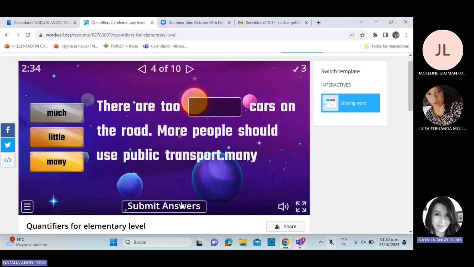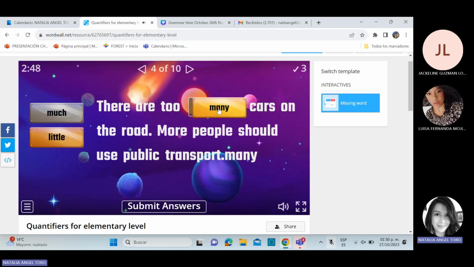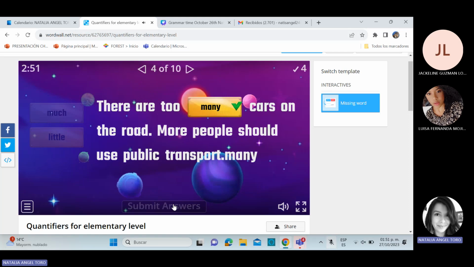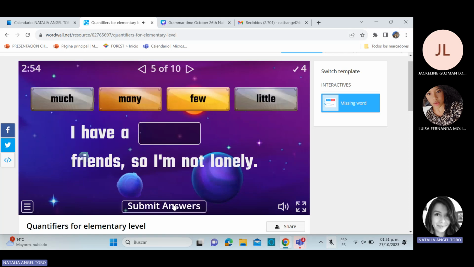So what about this one? Cars on the road, more people should use public transport. Oh, this is a mistake. So Luisa, help me with this one, please. I have a few friends, so I'm not lonely.